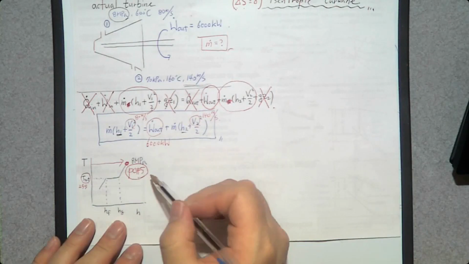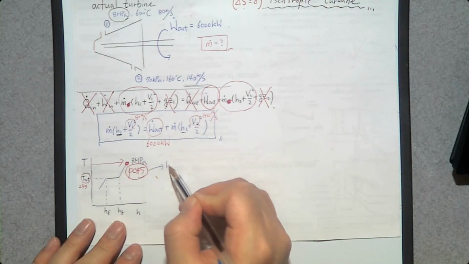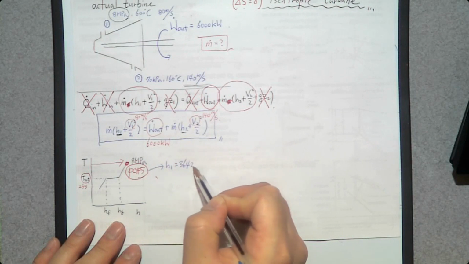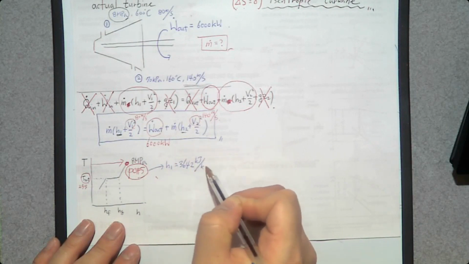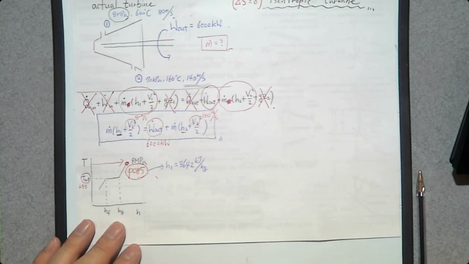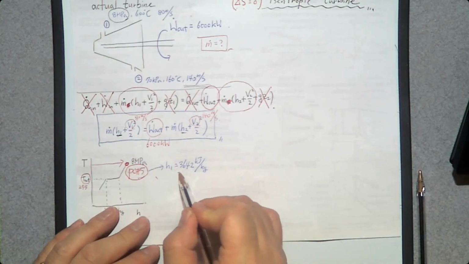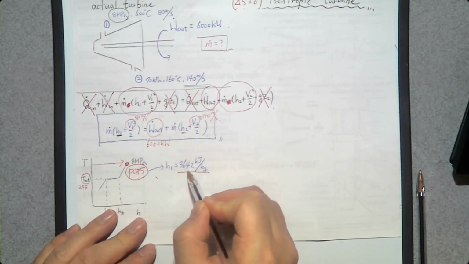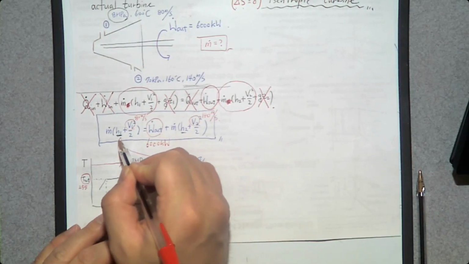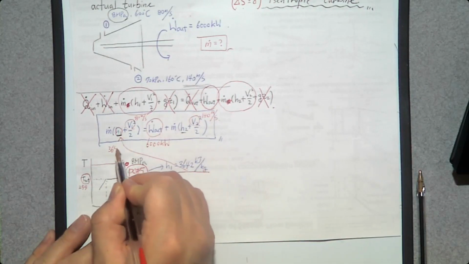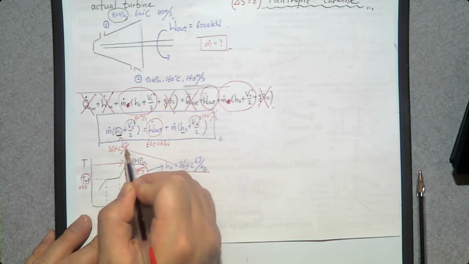So from this, h at the inlet is going to be 3,642 kilojoule per kilogram. Then I can substitute this number into this energy balance equation. h1, that is 3,642 kilojoule per kilogram.